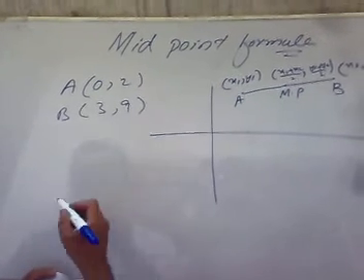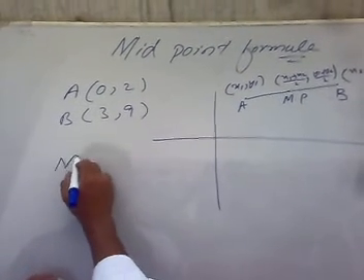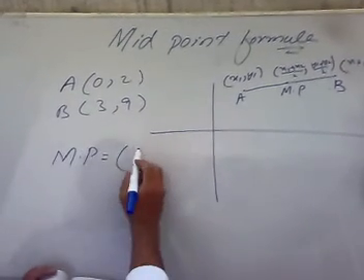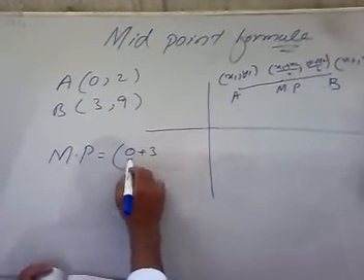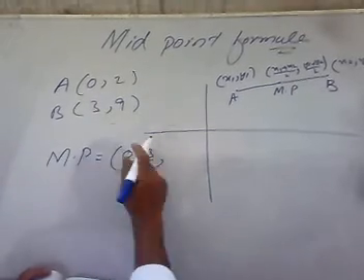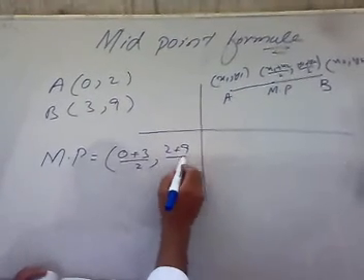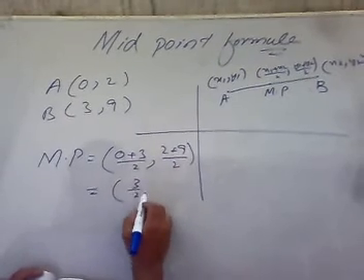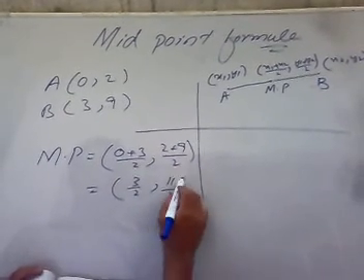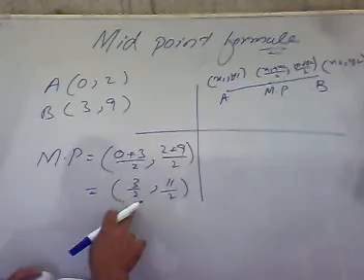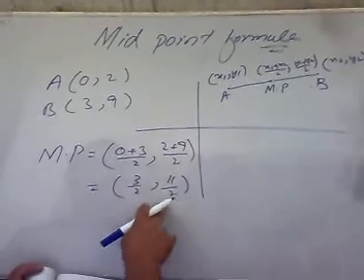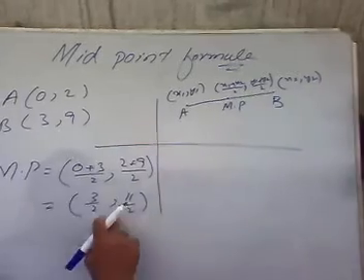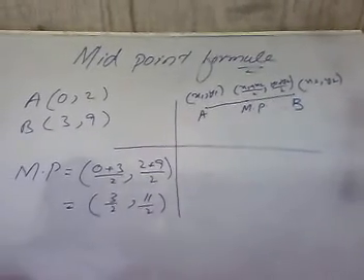The midpoint between AB is the average of the abscissa and also the average of the ordinate, and that would be (3 by 2, 11 by 2). So this is the point which lies between A and B, and that is exactly the midpoint between A and B.